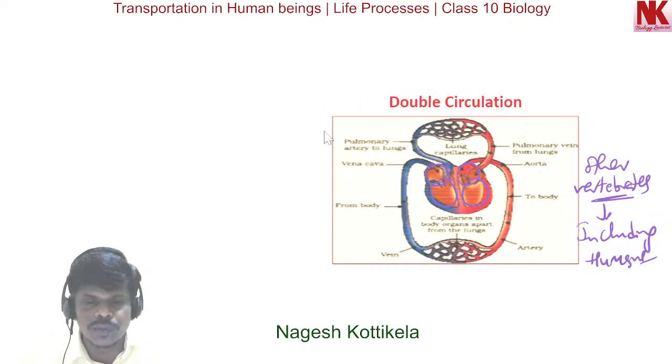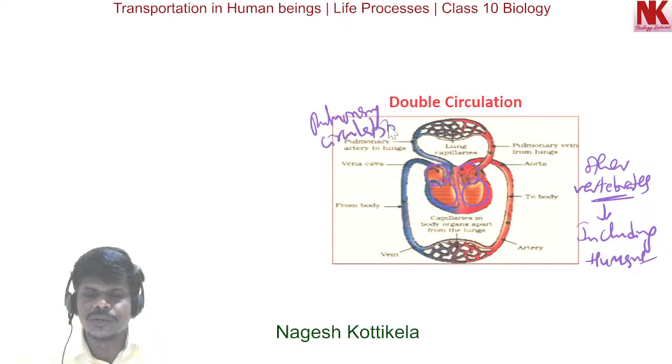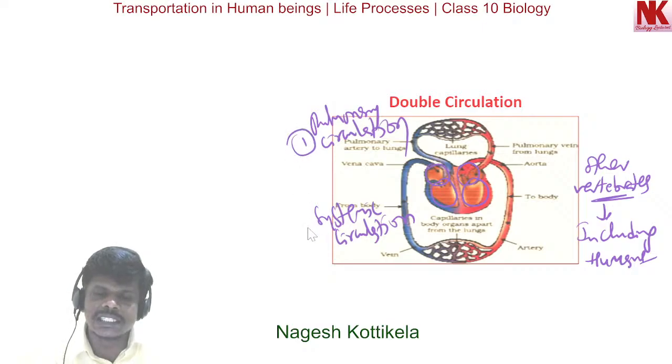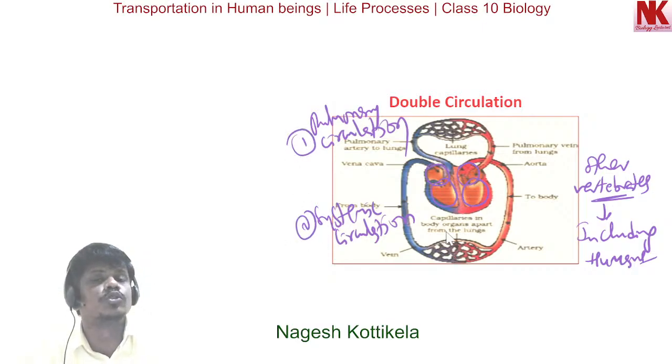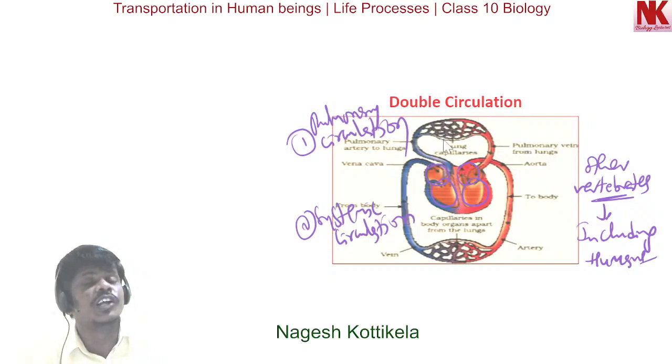This is what we call pulmonary circulation, and this is what we call systemic circulation. So the blood is passing through the heart two times to complete the circuit. This is what we call double circuit circulation. Double circulation is seen in humans.